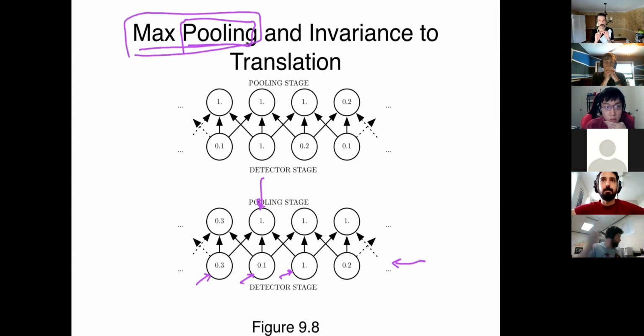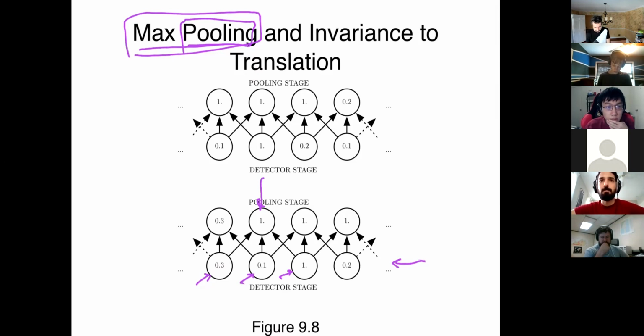Again, max pooling is only one instance of pooling. You might have average pooling that takes the average of these activations, right? You could define weighted average as well. You have different types of pooling, but max pooling is more popular because it has some properties like invariance to translation.